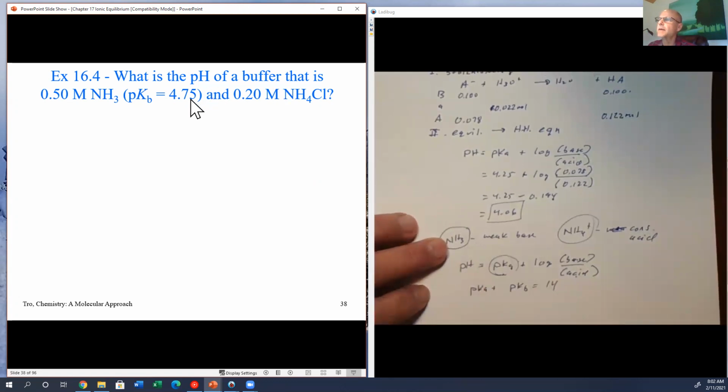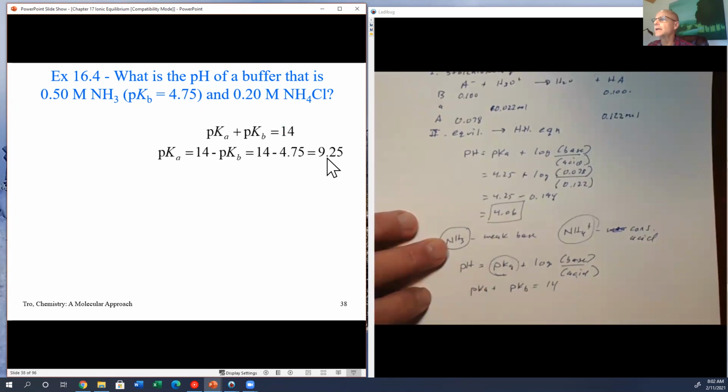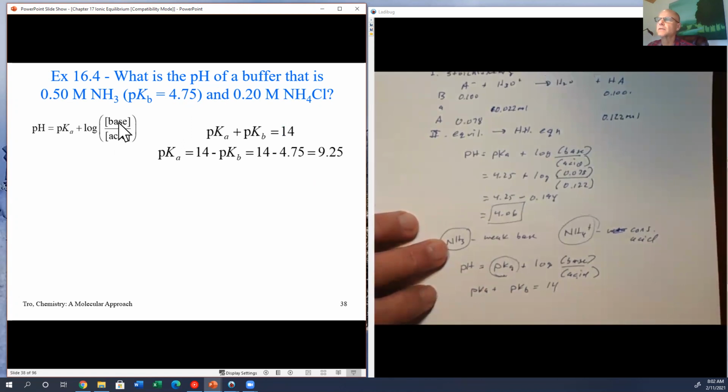So here's pKb, but no fear, because you can get pKa from pKb super easily. So pKa is 9.25. And then to figure out the pH here, we're just going to use the Henderson-Hasselbalch equation, put in the concentration of the base, which is 0.5, 0.2 for the concentration of the acid, use 9.25 for pKa, and that's going to give us 9.65 for the pH of this buffer. Okay? Does that make sense?